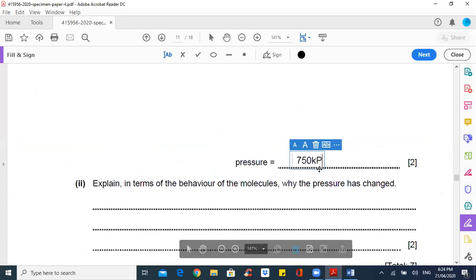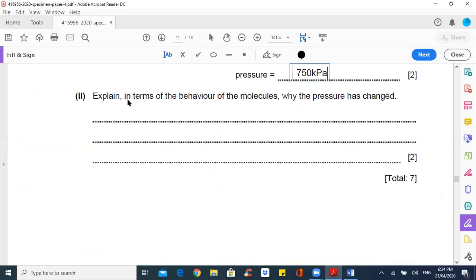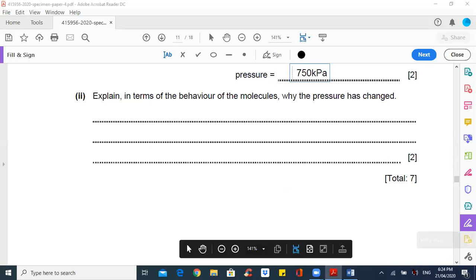Again. Nice. They say explain in terms of the behavior of the molecules why the pressure has changed. Why do you think the pressure has changed? Think about it. Why do you think the pressure is going to increase? I'm going back to the same notes. Yes.